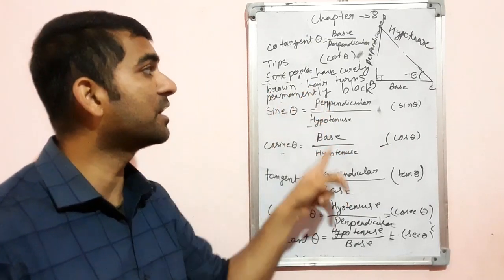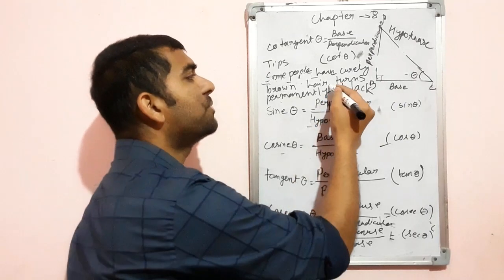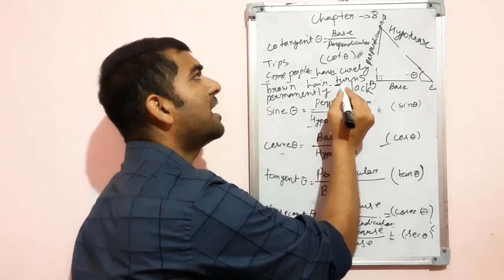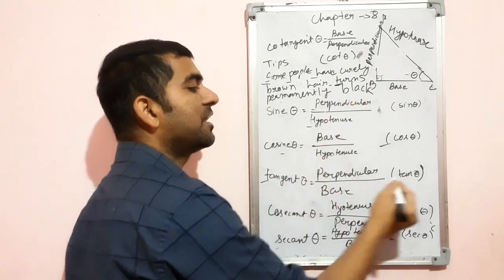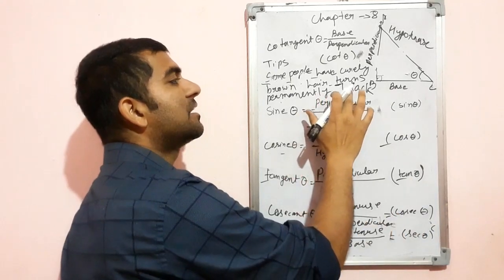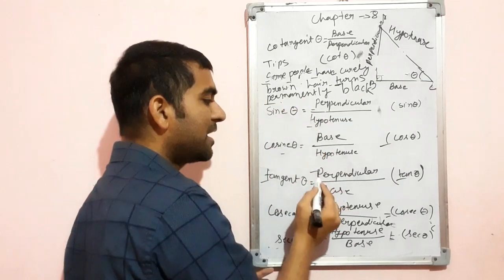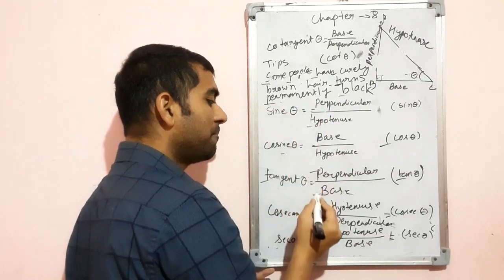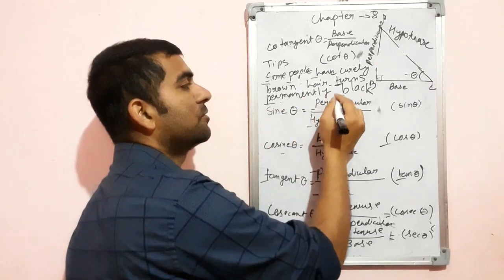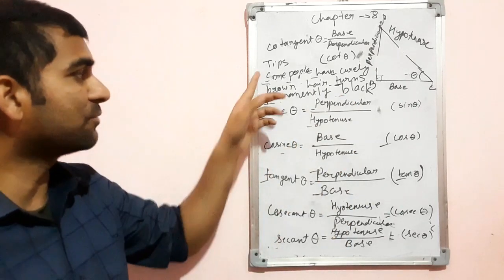Next, turns permanently black. T for tangent or tan, right? Permanently black, so perpendicular by base. P for perpendicular and B for base. So through this you can learn.